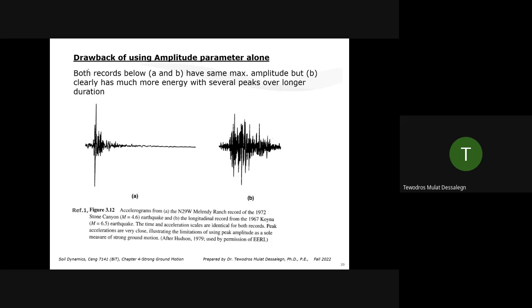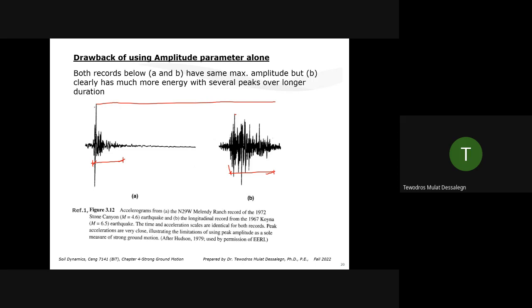Let's see some drawbacks of using an amplitude parameter alone. We know that the ground motion parameters are three: the peak value, the amplitude, the duration, and the frequency content. So when you select your time history for your analysis, you can have two motions. One has a larger peak compared to the other one, comparing input motion A and B. But this one has very short duration for the peak values compared to this one, with larger duration.